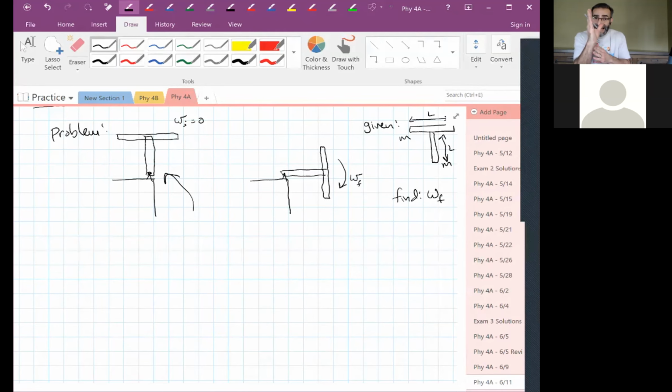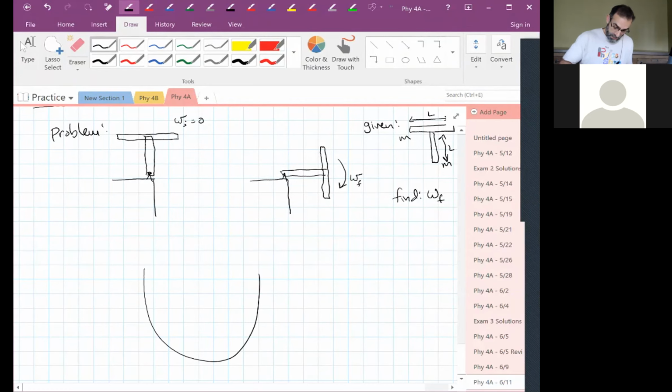But any tiny deviation, if it moves 1/10 of a millimeter in one direction, what's going to happen? It's going to rotate over. So that's called unstable equilibrium. The example we like to use is if you have a bowl and you put a marble inside the bowl.